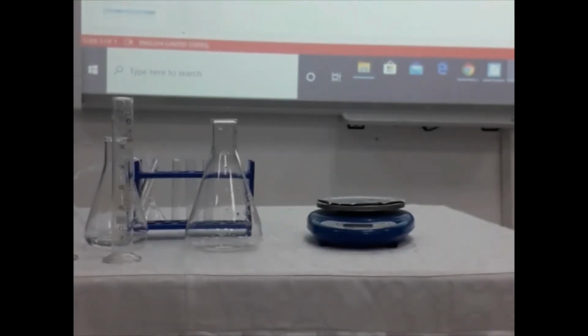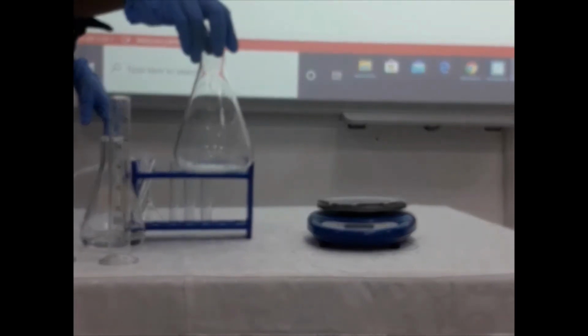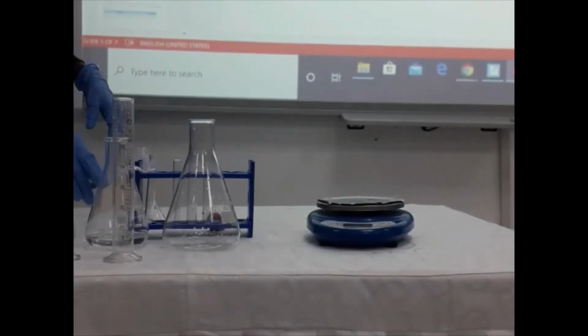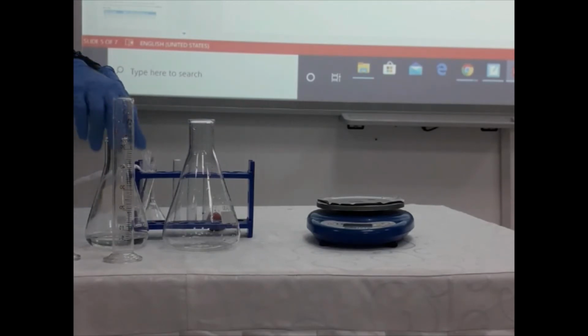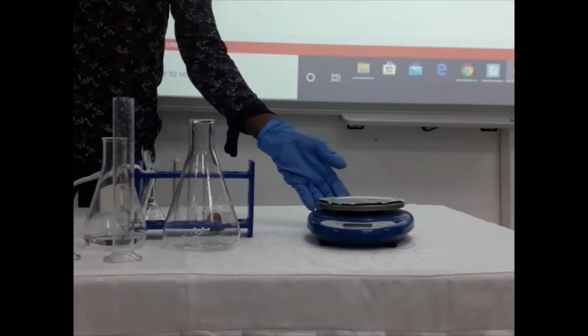So, like I said, in order for us to understand the law of conservation better, we perform a simple experiment, and we require the measuring cylinder, a 500 ml conical flask, our test tube, the cork, our string, the silver nitrate and our hydrochloric acid, and also the electronic balance.